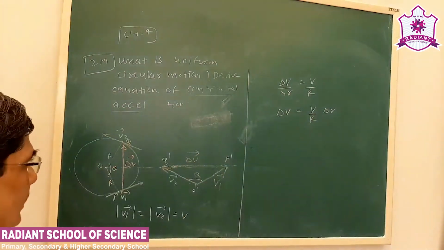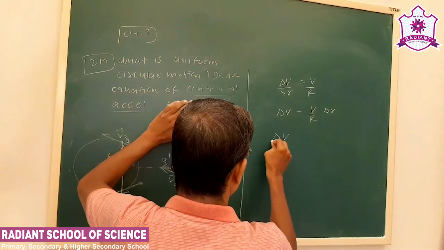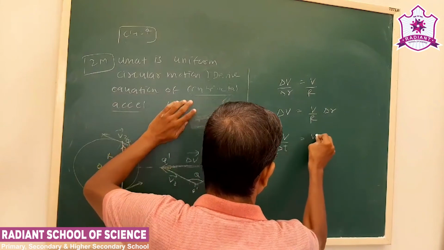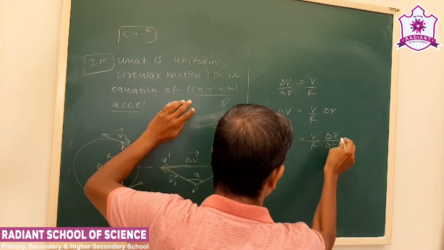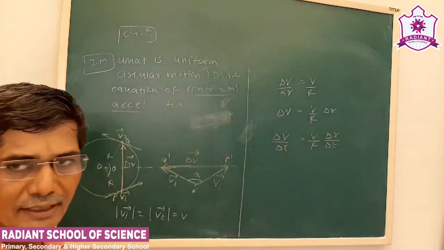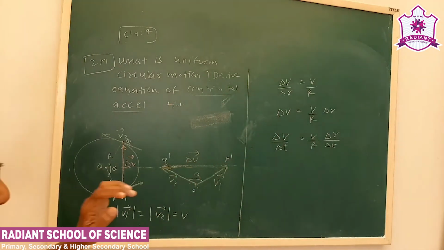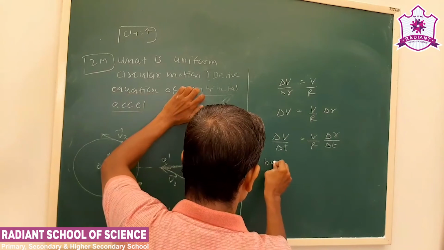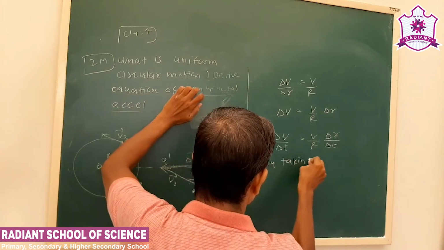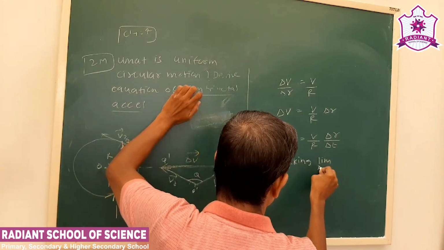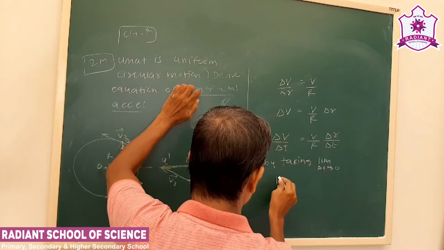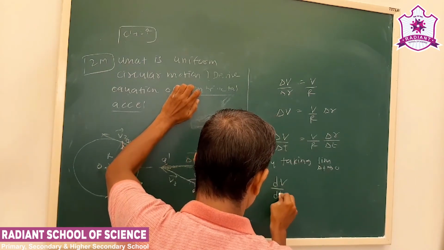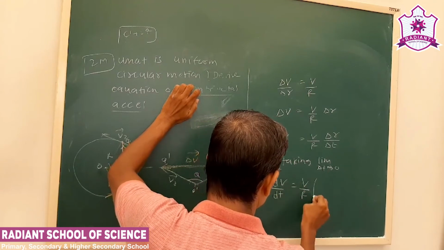Okay, we divide by delta T on both sides. See what we have done, we have divided by delta T. See, by taking the limit delta T tends to 0, delta V will become dV by dt, equal to V by R times dr by dt.